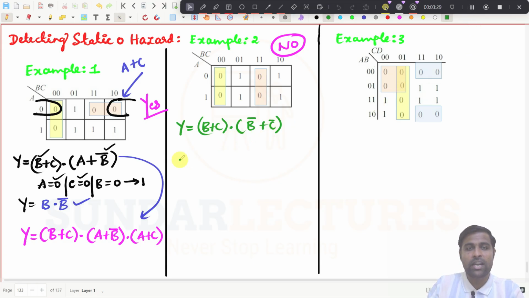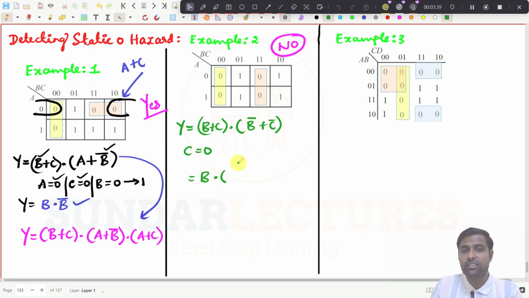Okay, you will not get it, because if you put c is equal to 0, then this term will be b, but what happens to this other term? This is b bar, but if you put c is equal to 0, then it goes to 1. So the output will be b. So we will not get b dot b bar anyhow.